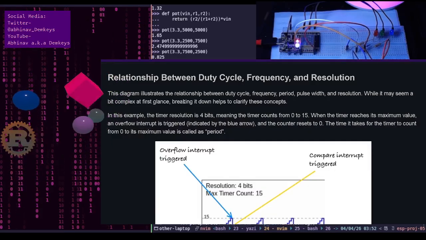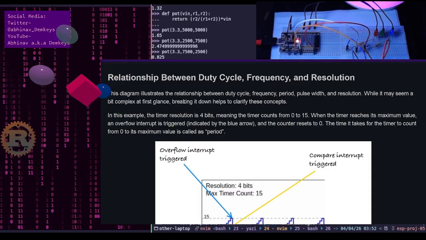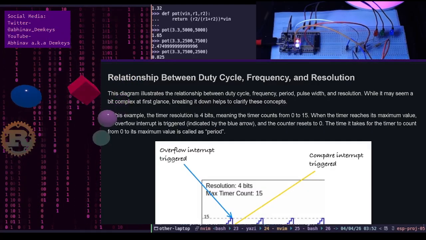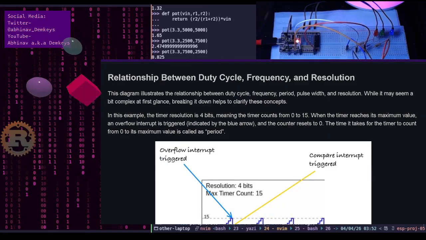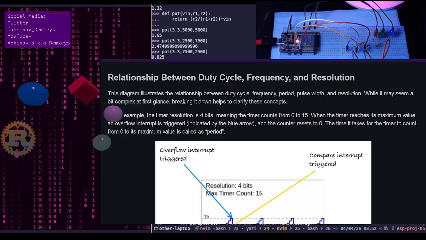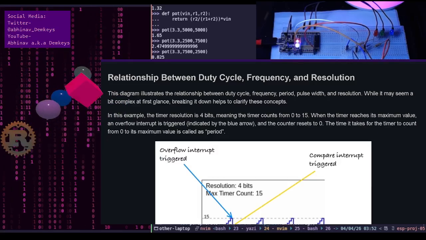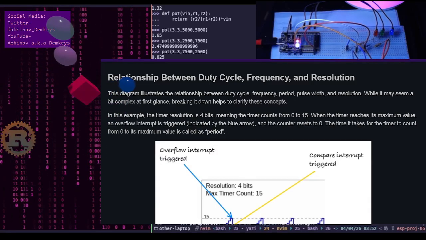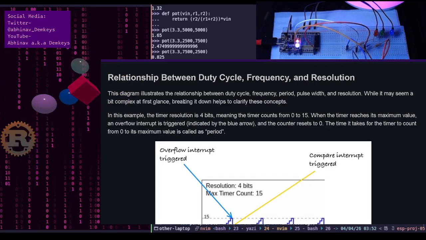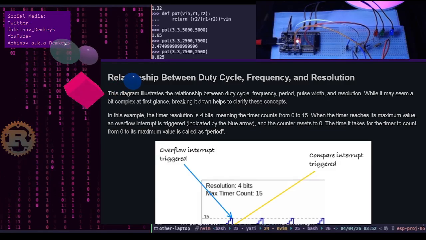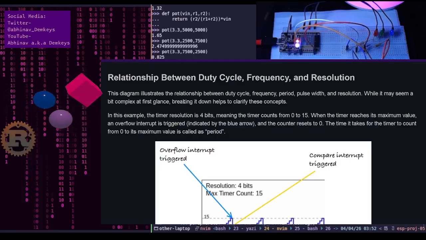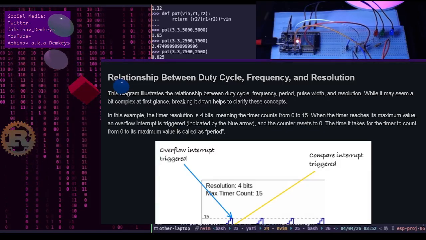And the resolution is basically how we are counting, or how many steps we are providing to aid in the comparison operation to determine when we have reached the duty cycle percentage. And once we have reached that percentage, then we need to be able to take the signal low.